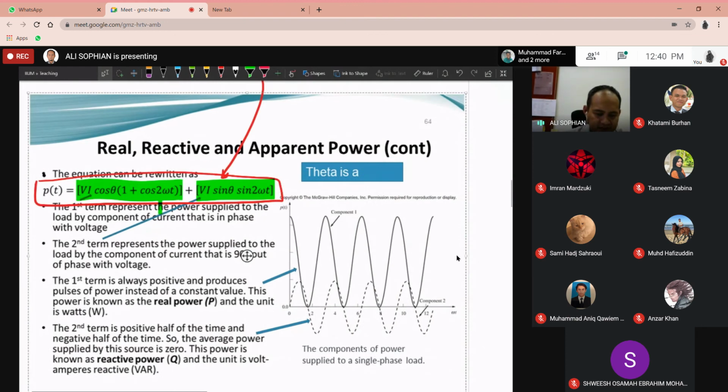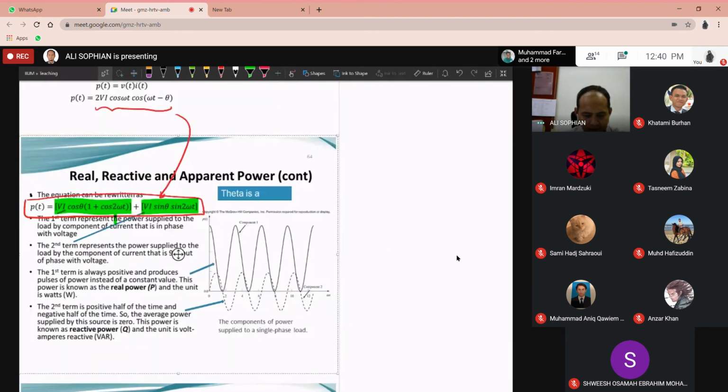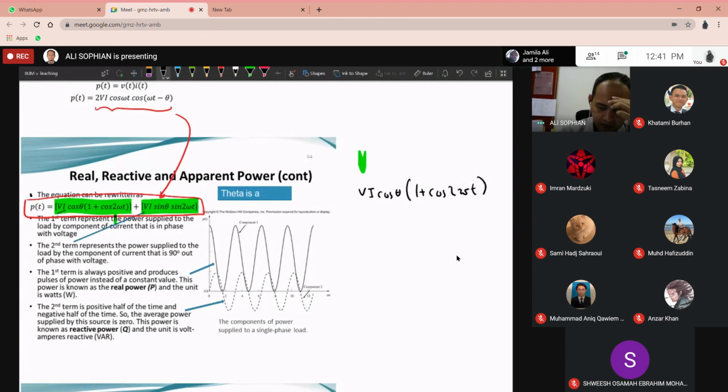So the first term, VI, oh sorry, VI cos theta times 1 plus cos 2 omega t. Remember, theta is constant. This is the phase angle of the load impedance. So this is a constant. All these are constant basically.